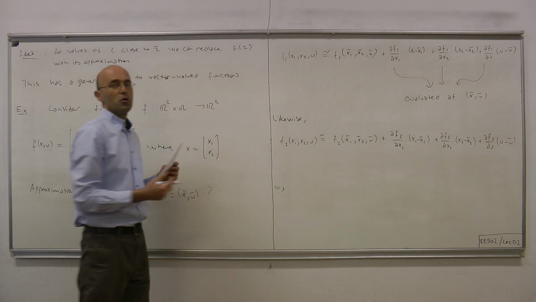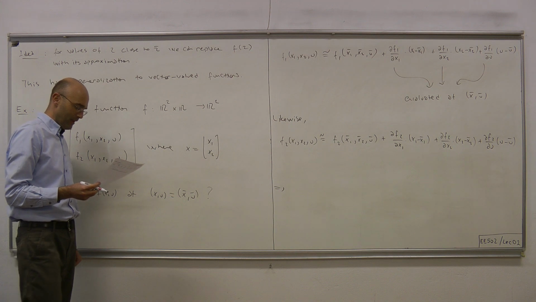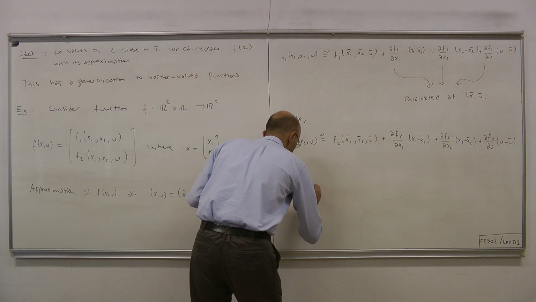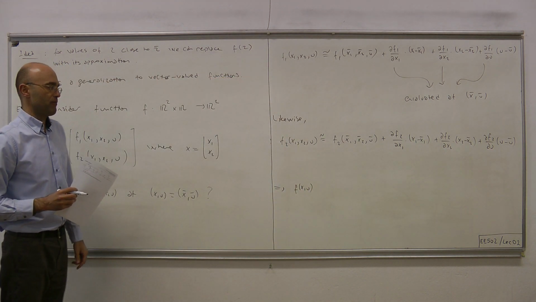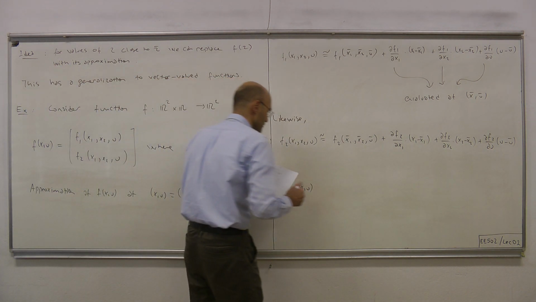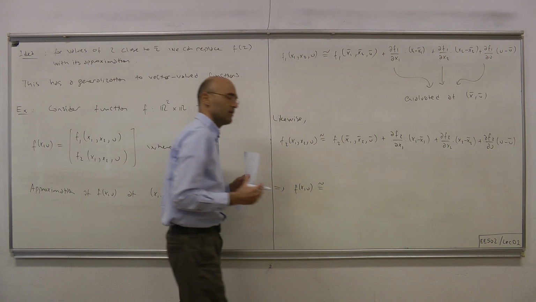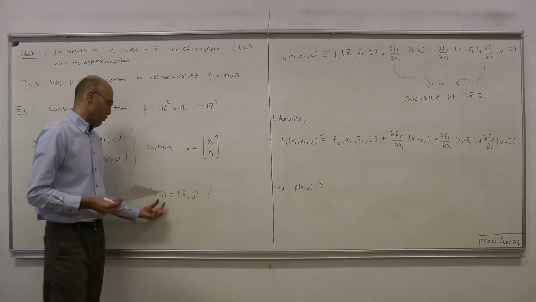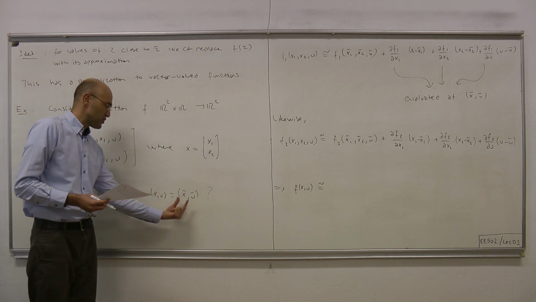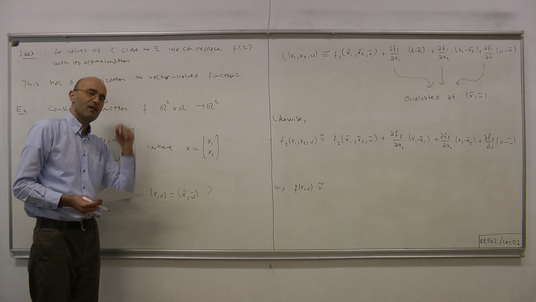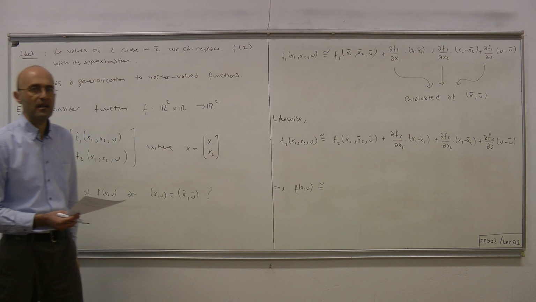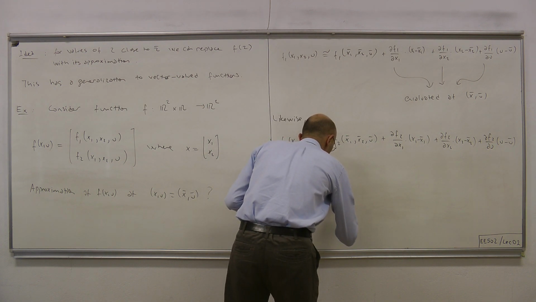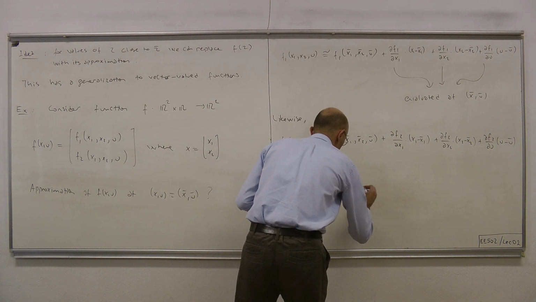This, combining those two approximations, allows us to write the approximation for the vector function f of xu. Therefore, we can say f of xu approximately equals, at least for values of xu that are sufficiently close to the point at which we're performing the linearization, the approximation. You can write this as f of x bar u bar plus.